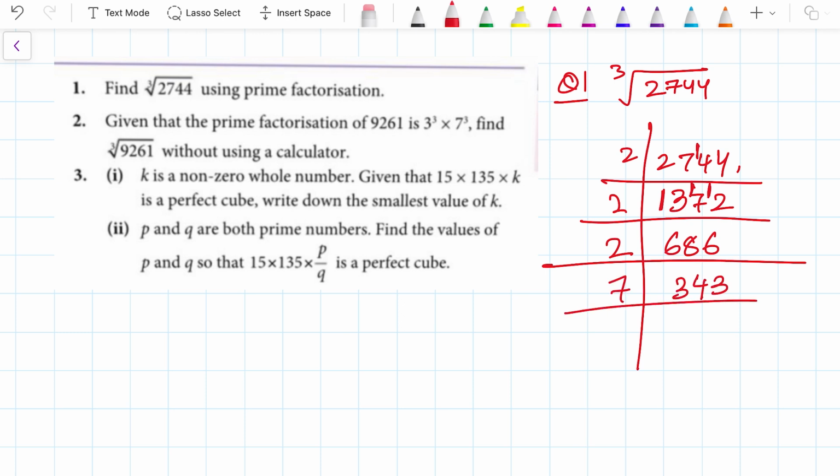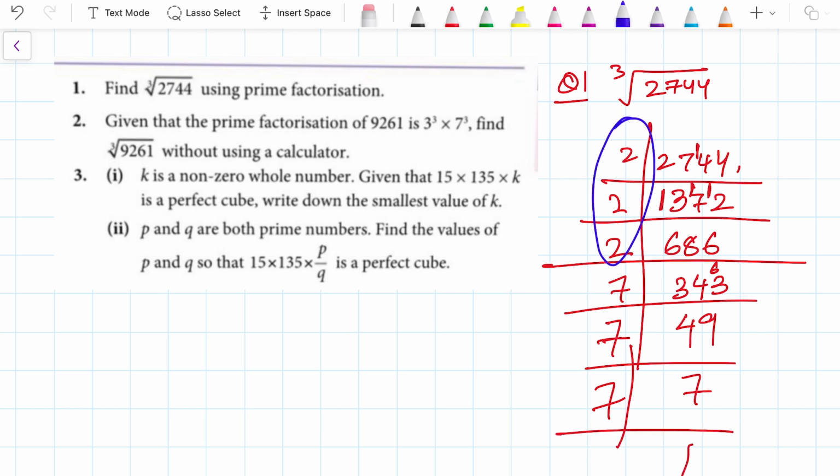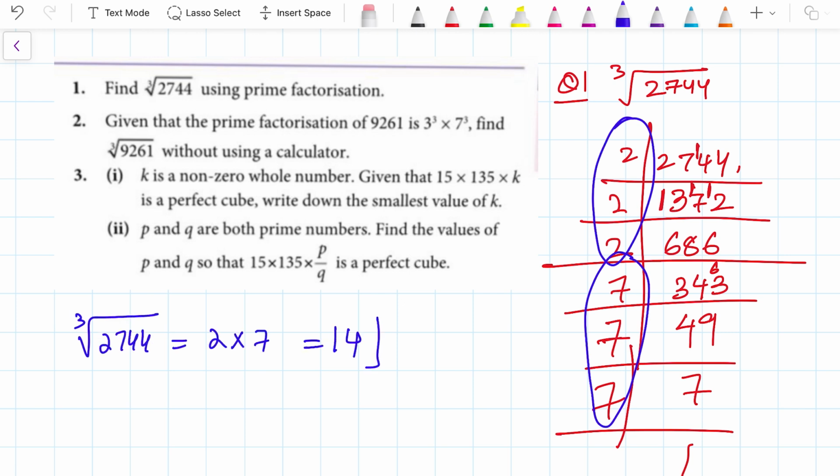Now 7. 7 times 4 is 28, 7 times 9 is 63, 7 times 7 is 49. So the cube root of 2744 becomes 2 into 7, which is 14.